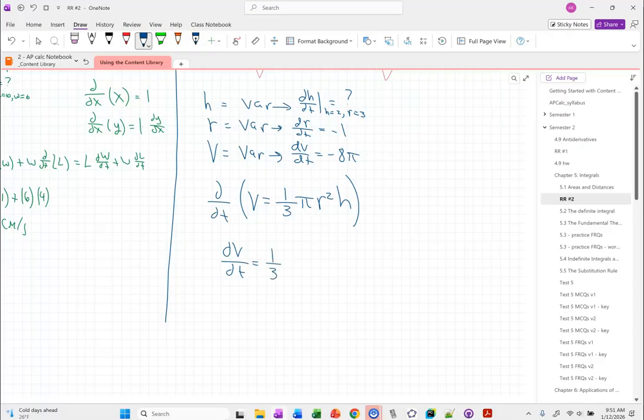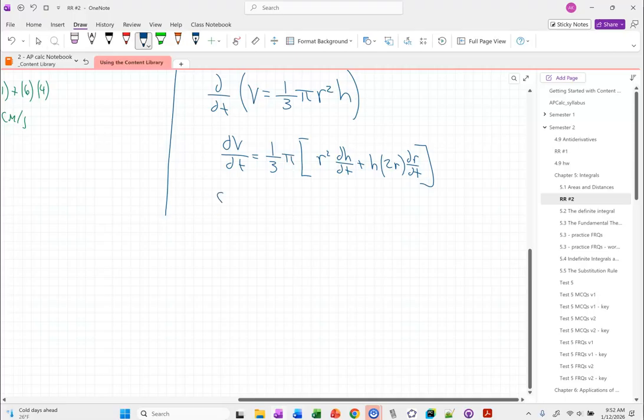So I'm going to have 1/3 pi times r squared, and then the derivative of h, plus h times the derivative of r squared. Looks good. And again, you could take the 1/3 pi and attach it to each of these things if you want to. It's six of one, half a dozen of another. Is everybody okay with the way I've written this though?